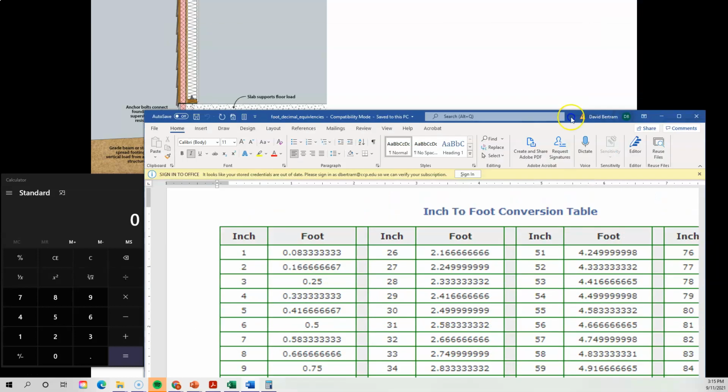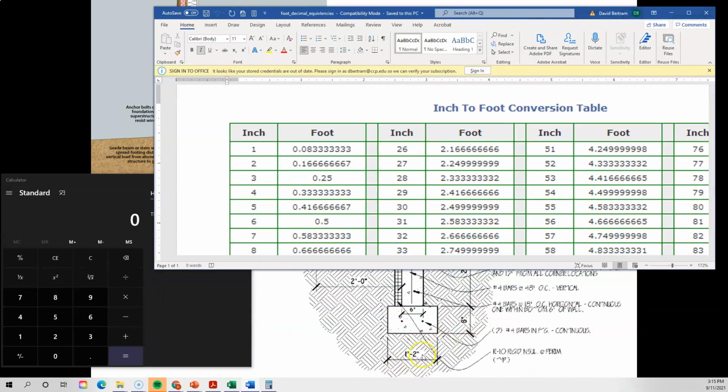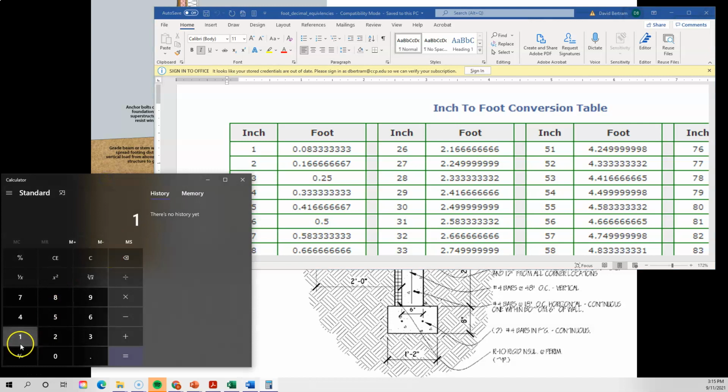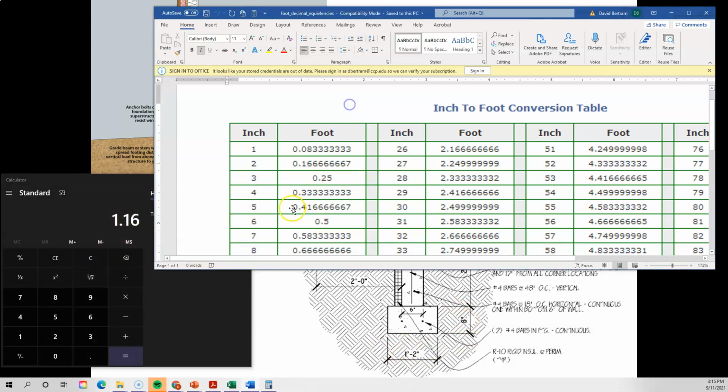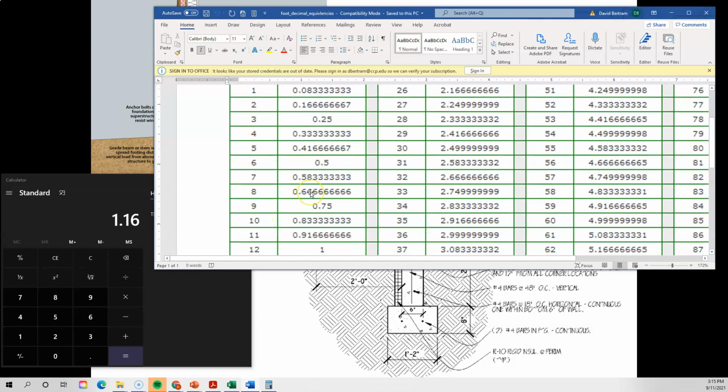And what we were just talking about, we have 1 foot 2, so that is 1 foot and 0.16, that is 1.16 feet right there, times 8 inches. 8 inches is 2/3 of a foot, or 0.66, right? There's our 12 inches. 8 inches is 2/3 of that, so 0.66, 2/3.